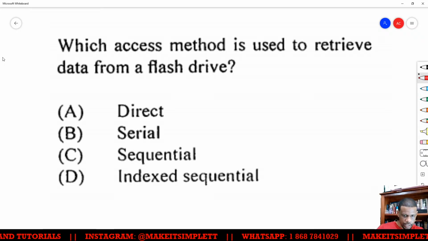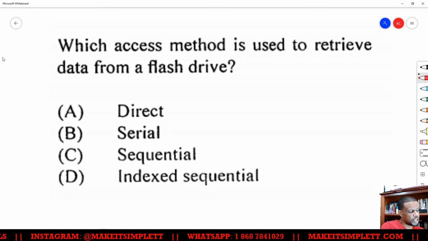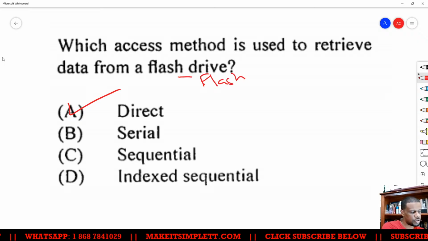Alright, so let's say A. Alright, so there are many ways of getting data from places. Direct is the answer because direct will be a flash drive, because a flash drive uses flash storage.